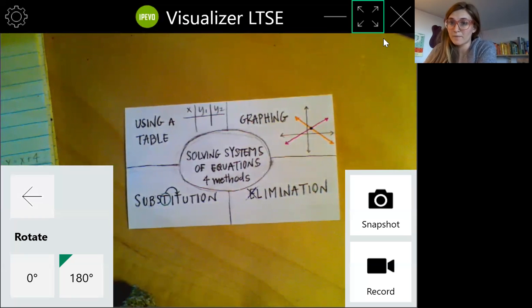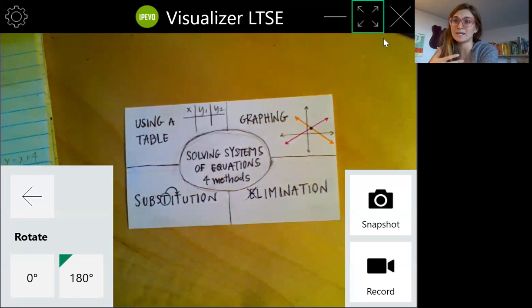So we have 4 different methods of solving. First one is a table, where we create an input-output table and compare the outputs and the inputs and find where there's a common solution to both equations. So remember, an input-output table is basically a table of ordered pairs that offer a solution to an equation.